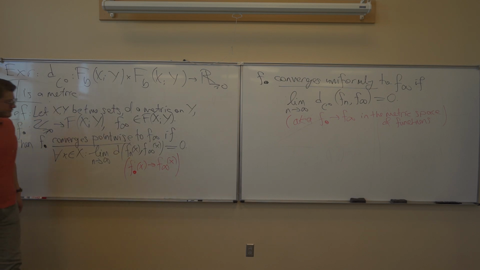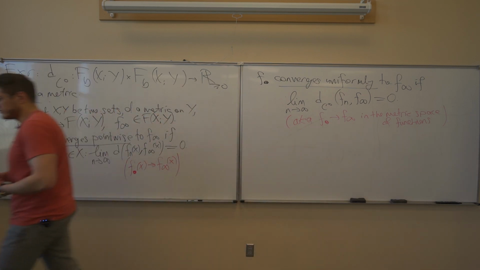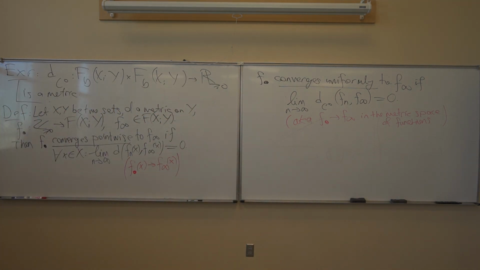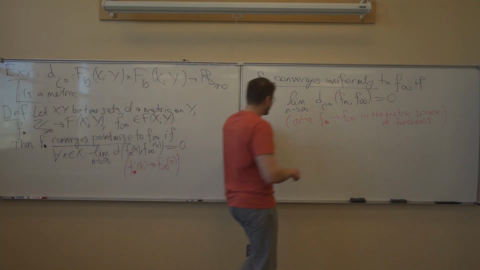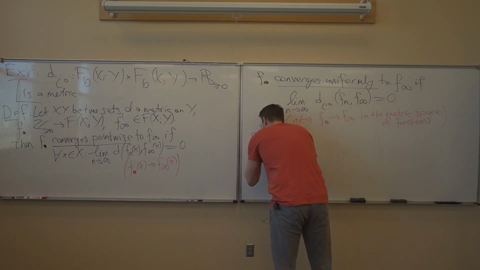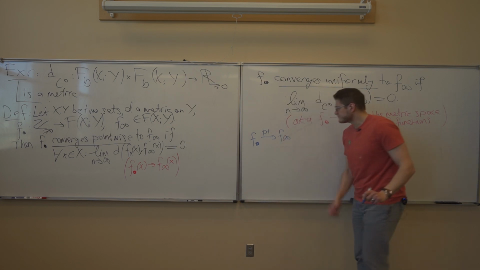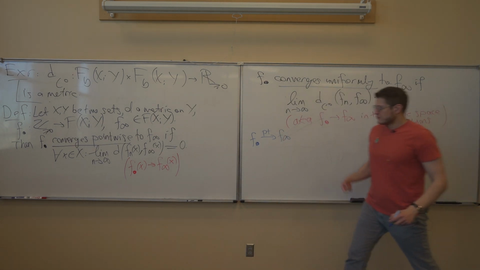But let's write these down using logical symbols to understand what is happening, or maybe confuse ourselves even further. So for pointwise convergence, what do I need to do?